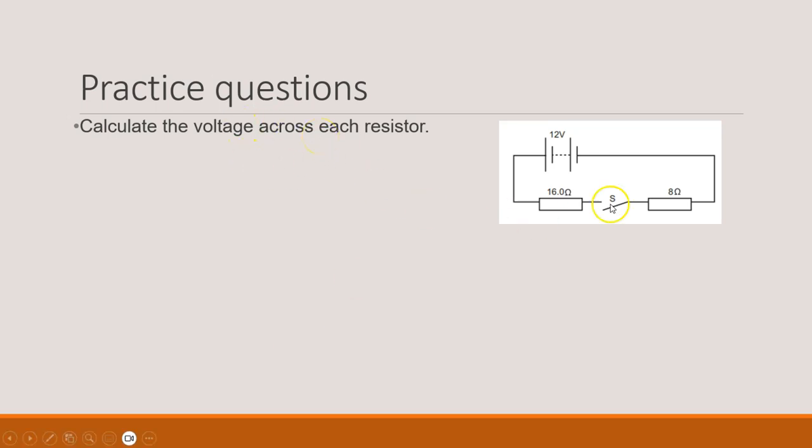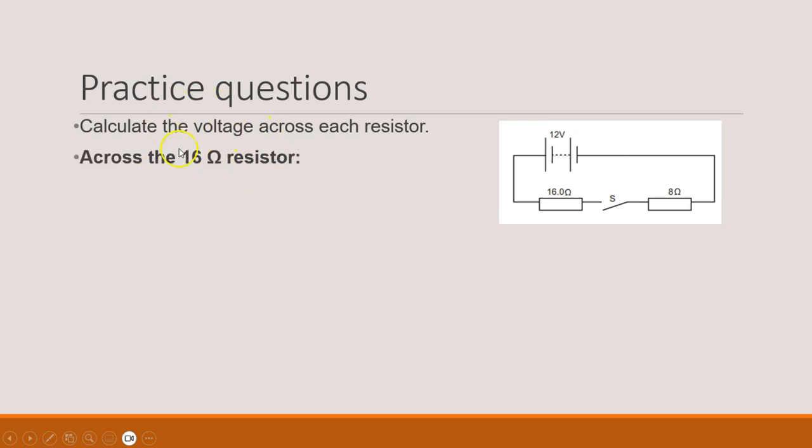Now that we have the current flowing through the circuit, we're able to calculate the voltage across each resistor. The voltage is not going to divide equally because the resistors are not identical. Remember that the 16 ohm resistor is a harder obstacle course for the electrons to move through. So this resistor will get more of the voltage relative to this resistor over here, which is an easier obstacle course.